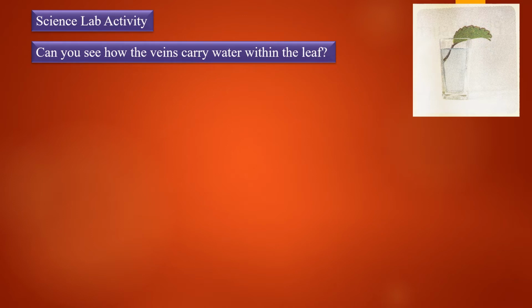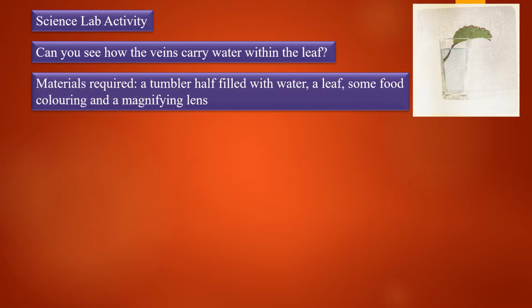So next, a science lab activity. You must have done science lab activities in the previous chapter also. Today also, one small science lab activity you can do at home itself. Can you see how the veins carry water within the leaf? No, we cannot see, but we can experiment with that.